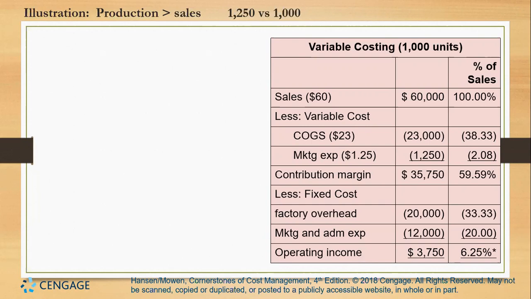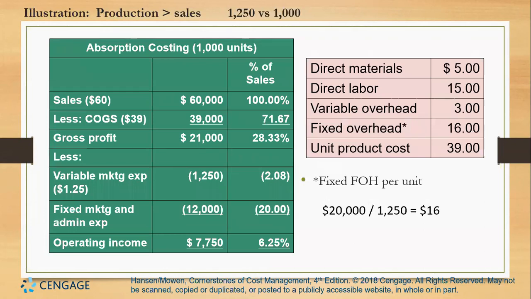So we have sales, we deduct cost of goods sold, only the variable cost, including direct materials, direct labor, and variable overhead. Now, take note that under absorption costing, our operating income is 7,750.